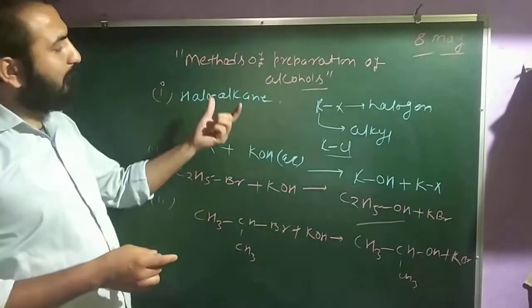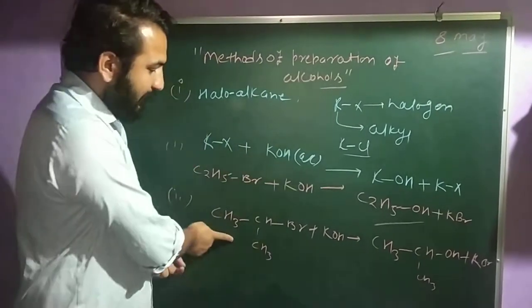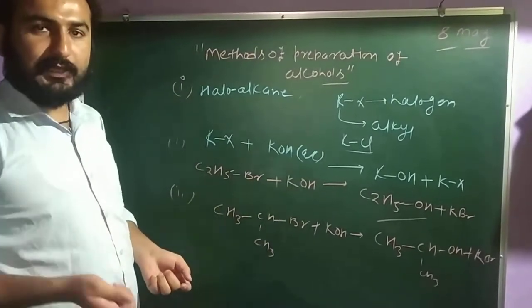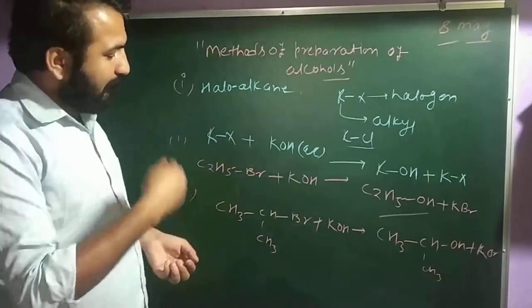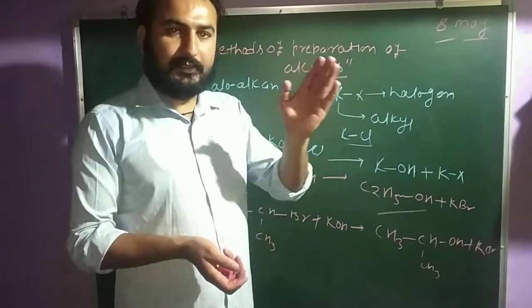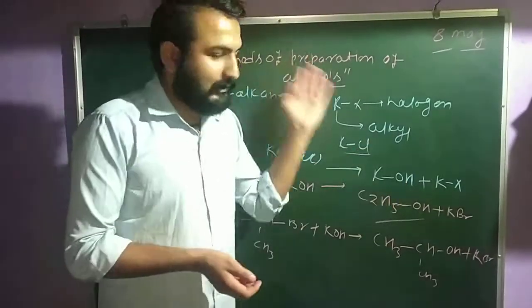So what will happen with third degree haloalkanes? Clear? There are first degree haloalkanes, second degree haloalkanes, and now you have third degree haloalkanes. So what will happen with them? The third degree haloalkane generally does not give any alcohol. Clear? Let's see.